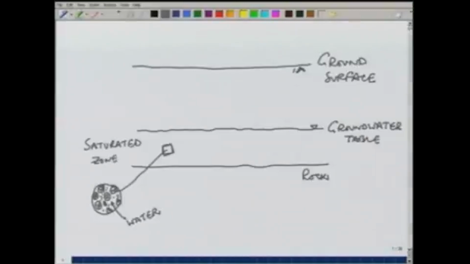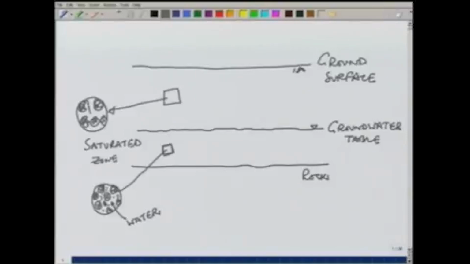or sometimes simply called water table, if we go above and take a sample from here, it will have solid particles, part of it will be filled with water and part with air.